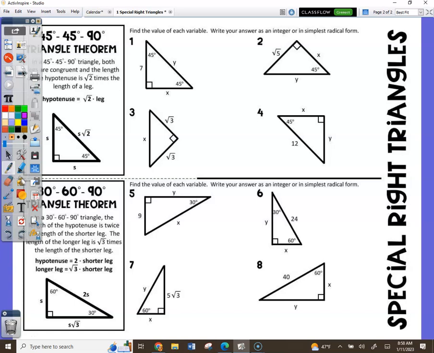I like to use X, because when you get to the 30, 60, 90, S could be misconstrued as the short side, and it's not. So I'm going to change this to X, X, X root 2. This is X, X, X.